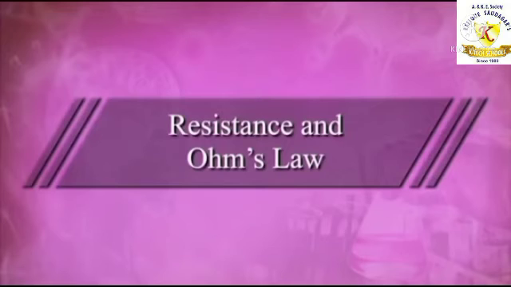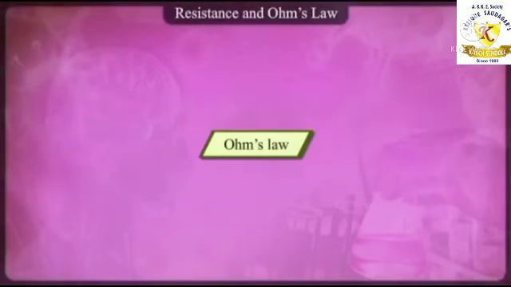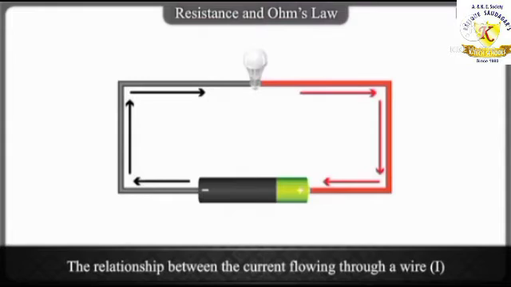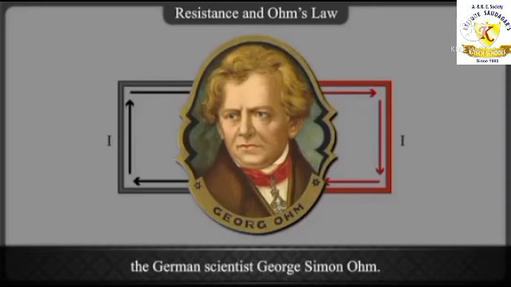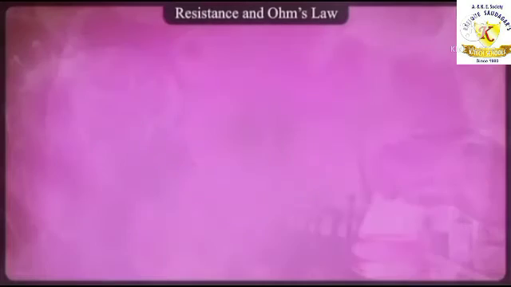Now moving further to the new concept, that is resistance and Ohm's law. Ohm's law. The relationship between the current flowing through a wire I and the potential difference across its ends V can be obtained from the law given by the German scientist George Simon Ohm.